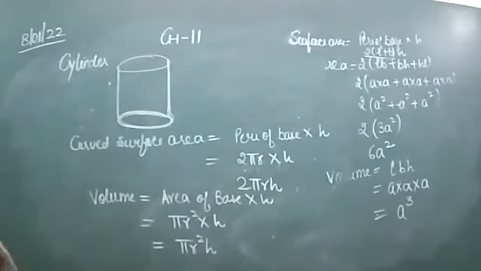Now, you can see the first question of 11.3. First question is, there are two cuboidal boxes as shown in the figure.